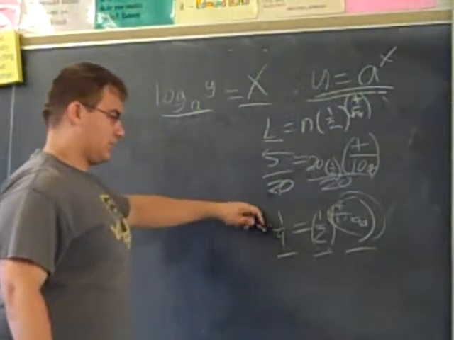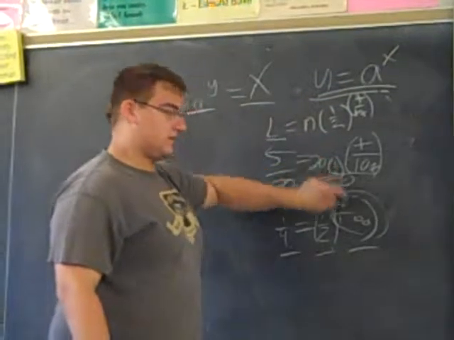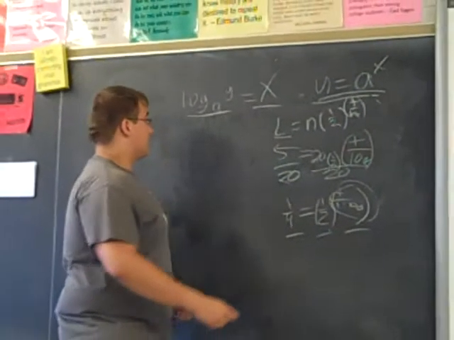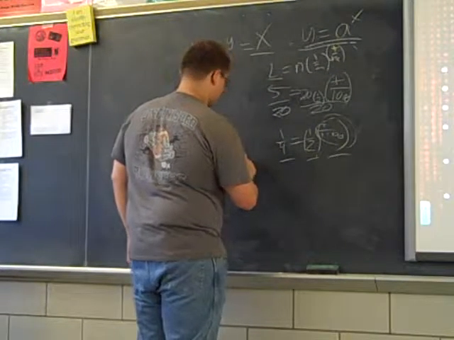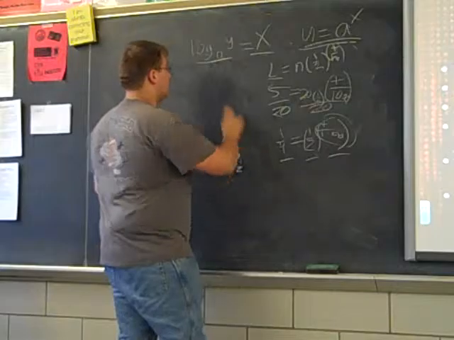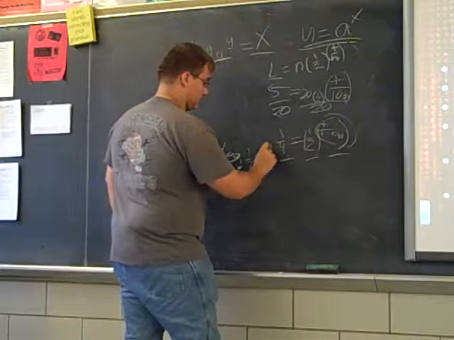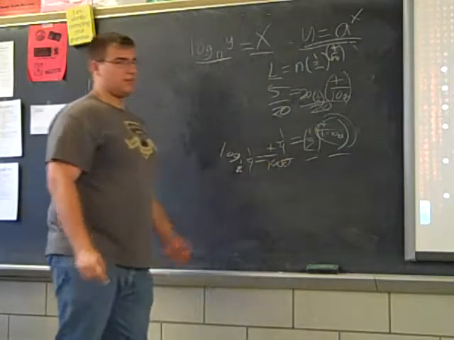Y, just a regular y, a is 1/2, x is t over 1,000. Well, I'm going to plug this in for you. So log base 1/2 of y, 1/4, equals t over 1,000. Well, that looks a lot better, doesn't it?